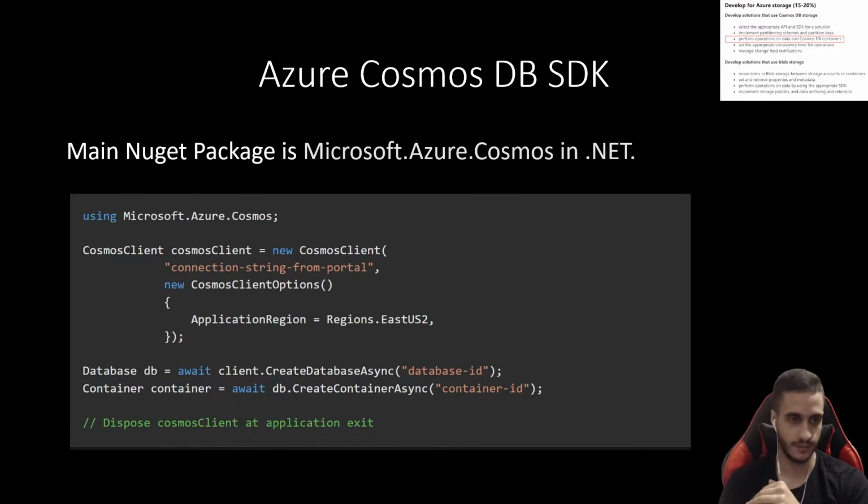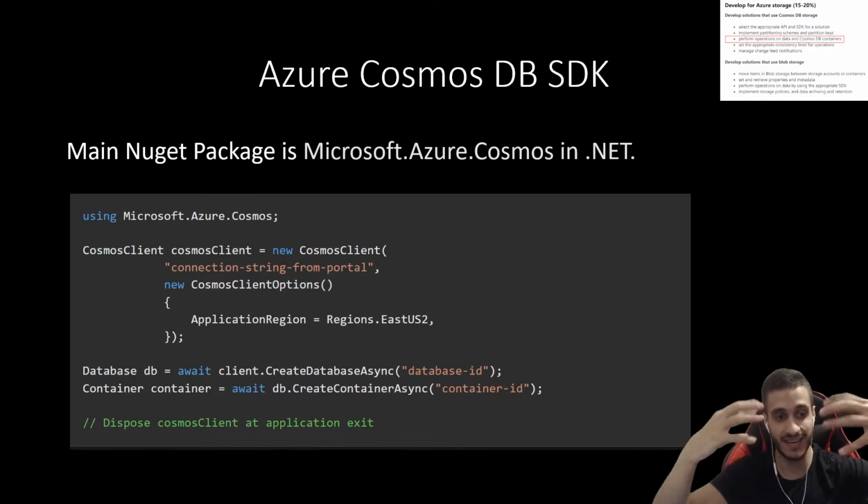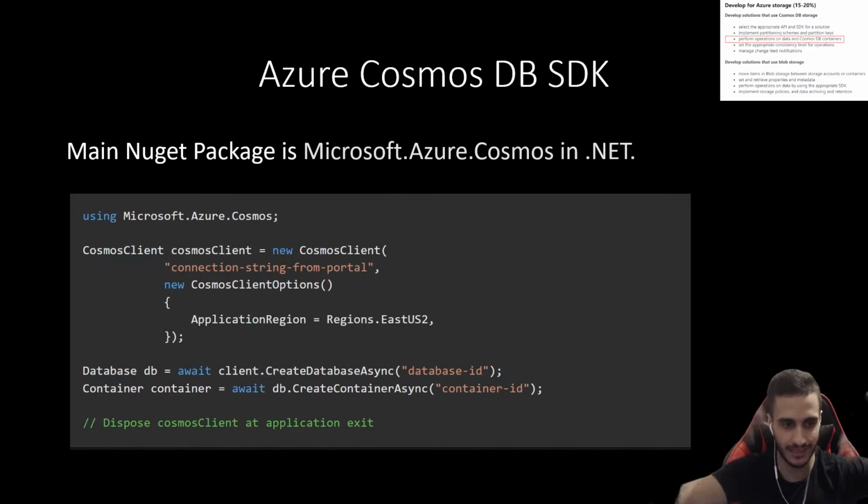Microsoft.Azure.Cosmos in .NET. With that, we have the using statement where you have to import that SDK, which is called Microsoft.Azure.Cosmos. After that, you would have to create the Cosmos client using that CosmosClient class from that NuGet package. And then after that, you would create the database itself. Again, by convention, it's called db. So you would create this database, and then from that database, you would create the container.